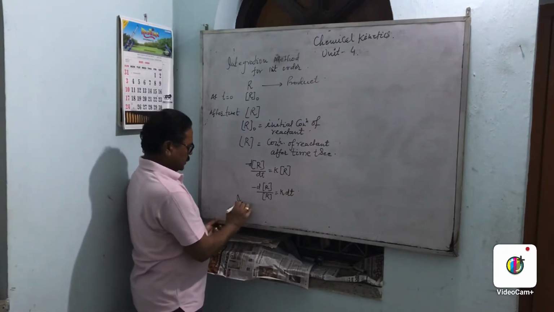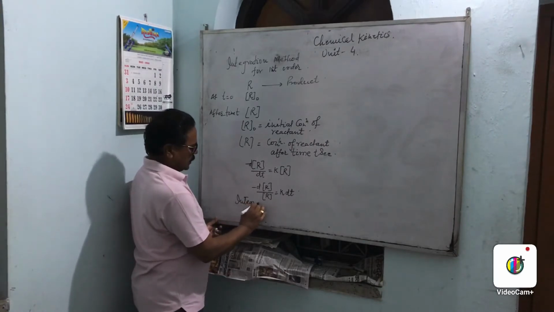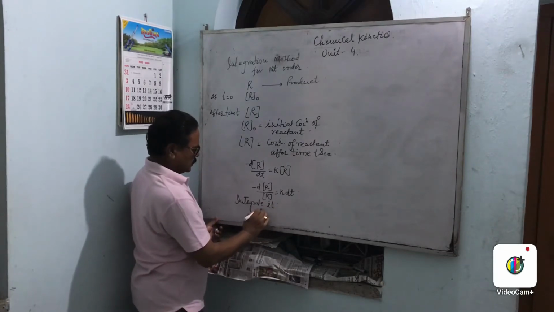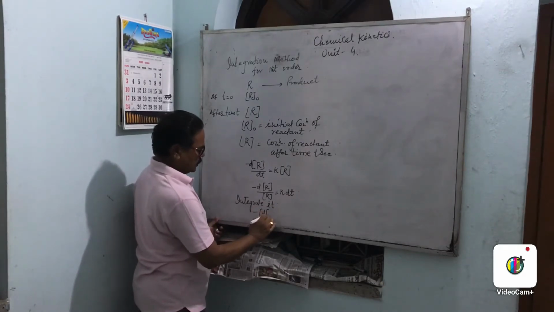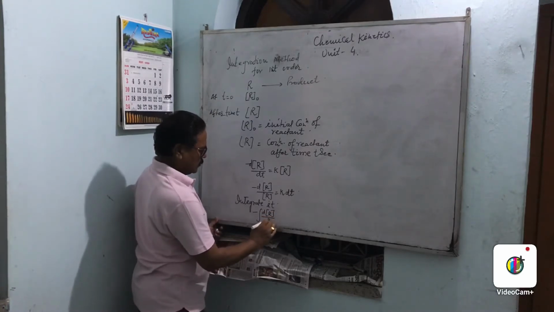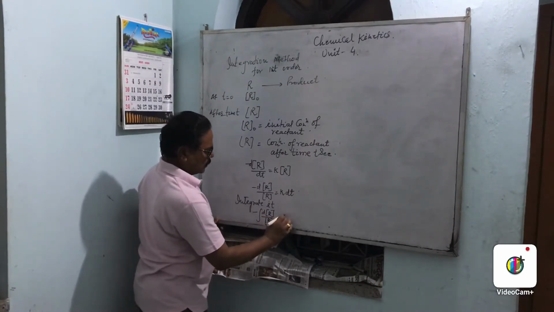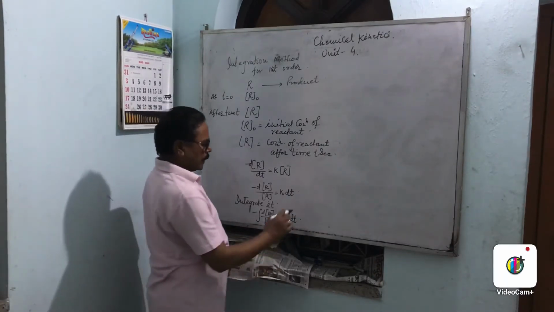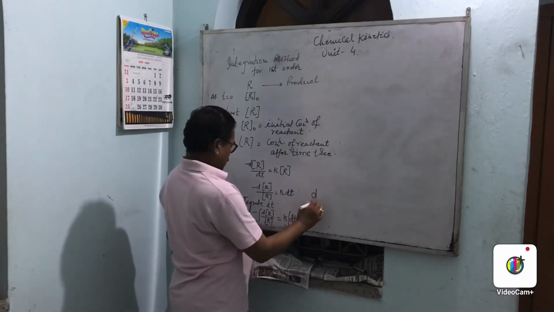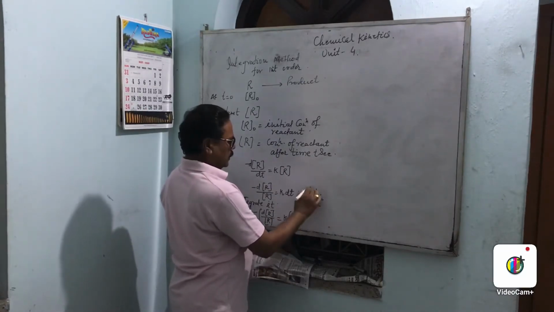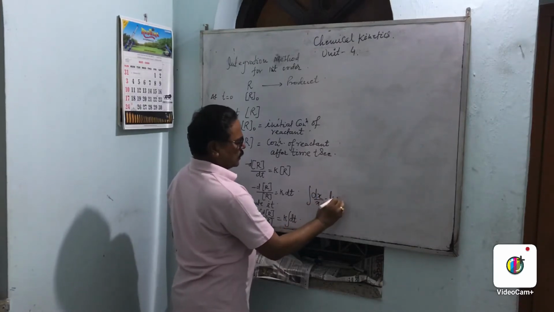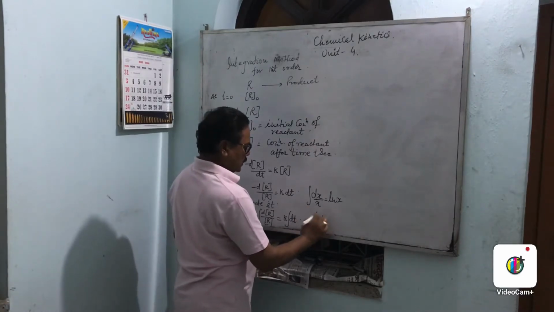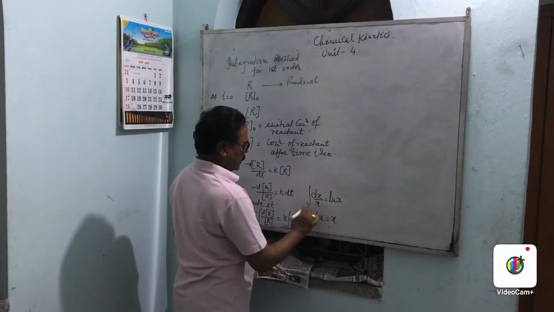Now integrate it. So this is minus dR by R is equal to k dt. As per formula, the integration of dx by x is equal to ln x, read as log x, and the integration of dx is read as x.